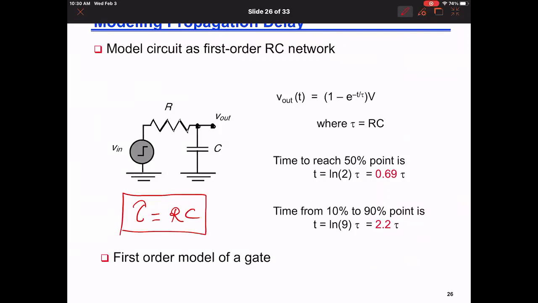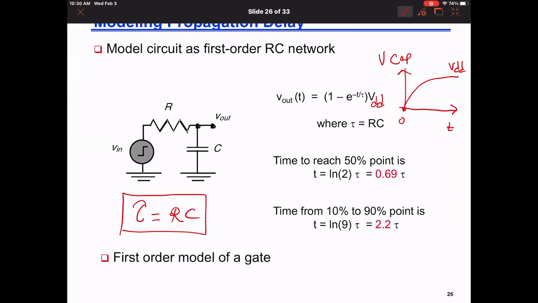If I have a signal feeding into a resistor going up to VDD, then the capacitor is going to charge from 0 all the way to VDD at t equal infinity. So this is the voltage across the capacitor.